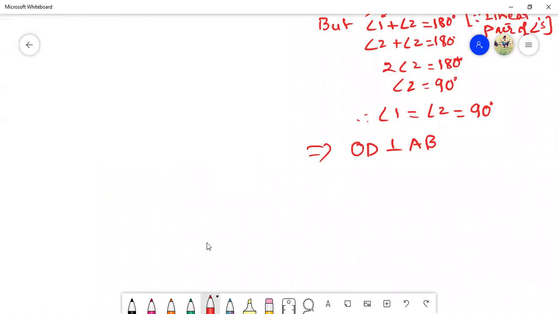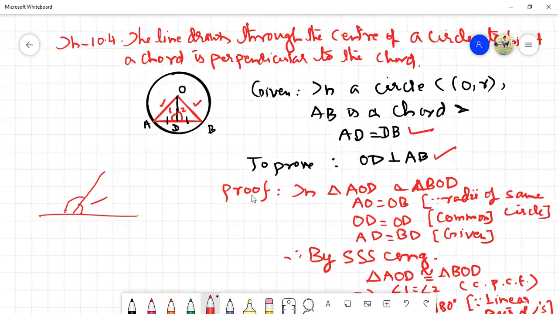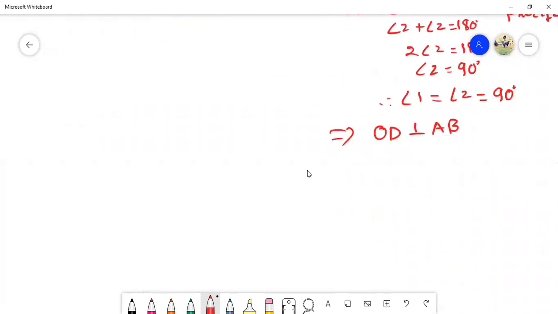Yes, this one we proved. OD is perpendicular to AB. That means the line from the center of a circle to a chord is perpendicular to the chord always.